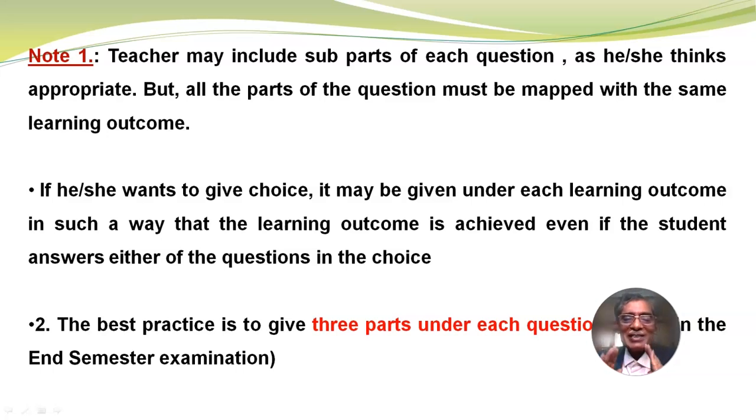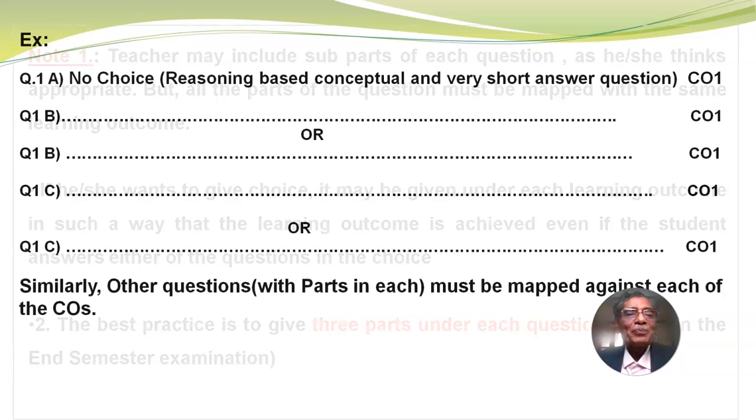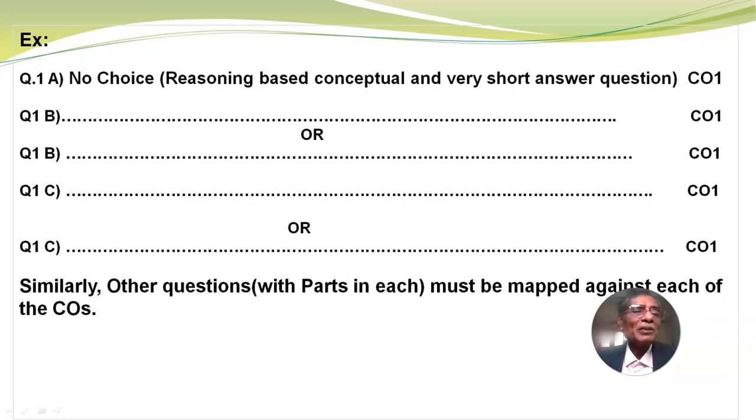The best practice is to give 3 parts under each question, A, B, C, in the end semester examination. For example, question 1, part A, no choice. It is reasoning based, conceptual and very short answer question and mapped with CO1.